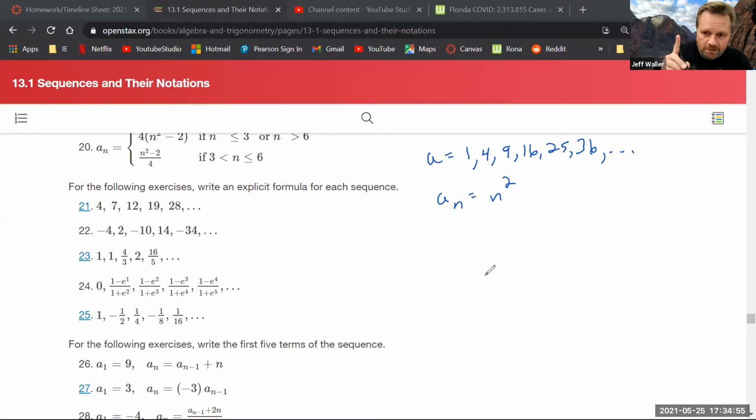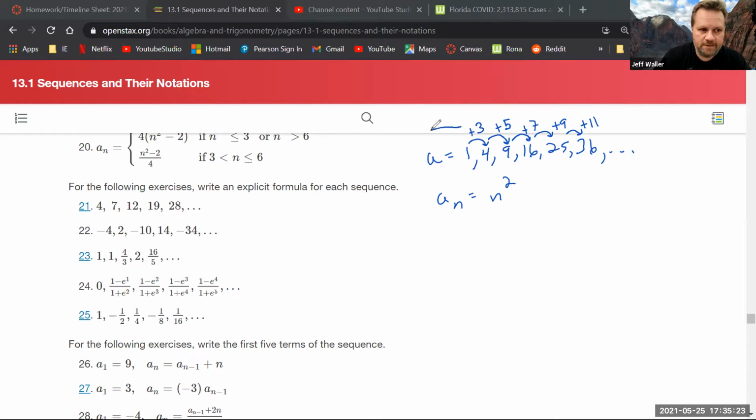Now, there's something else about this sequence though. What do I add to go from 1 to 4? That's right, guys, 3. What do I add to go here? That's right, 5. And then I add 7. What are those?